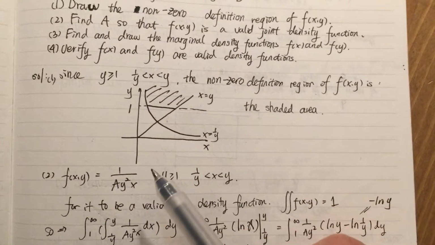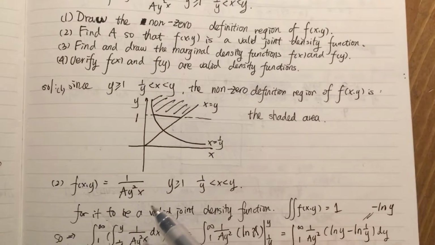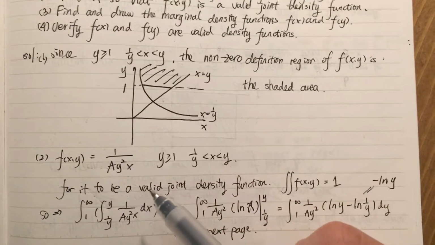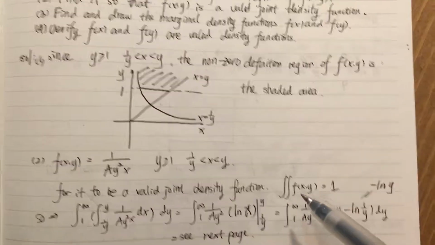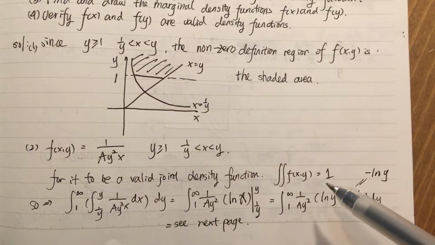And for the second question, we need to find the value of a so that f of x, y is a valid density function. For it to be a valid density function, the integral over both x and y has to be equal to 1.